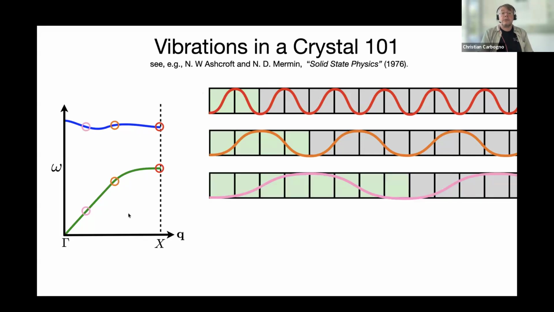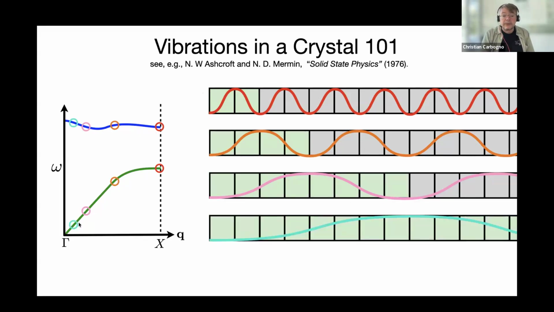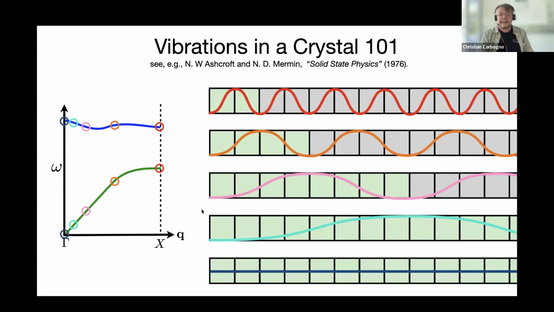If we went even closer to gamma, we would start covering 8 unit cells, then 16 unit cells. If we go further and further to this limit, at some point we reach gamma again, where this is totally flat. And then we can stick to the unit cell condition we had in the very beginning, where we discussed the gamma point and said that everything is in phase and similar.